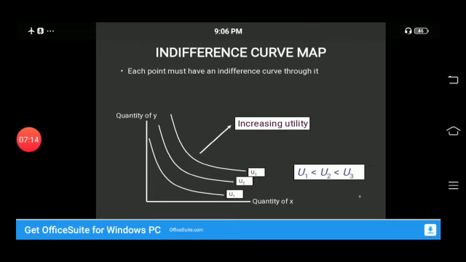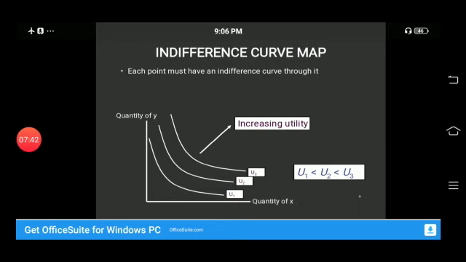Indifference curve map. Each point must have an indifference curve through it. Any point, that is x1, y1, x2, y2, x star, y star, any point will give an indifference curve. Now, remember that the higher the indifference curve, the higher the level of satisfaction.